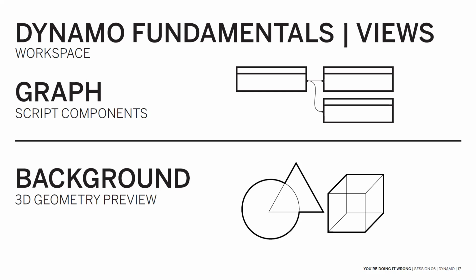Both of those views exist simultaneously in the workspace, so you'll see the graph on top of the 3D geometry, which is different than Grasshopper, where you have the script window and it's separate from the Rhino preview, and those things never interact. In Dynamo, they're one and the same, and you toggle between them, and I'll show you what that looks like in a little bit.